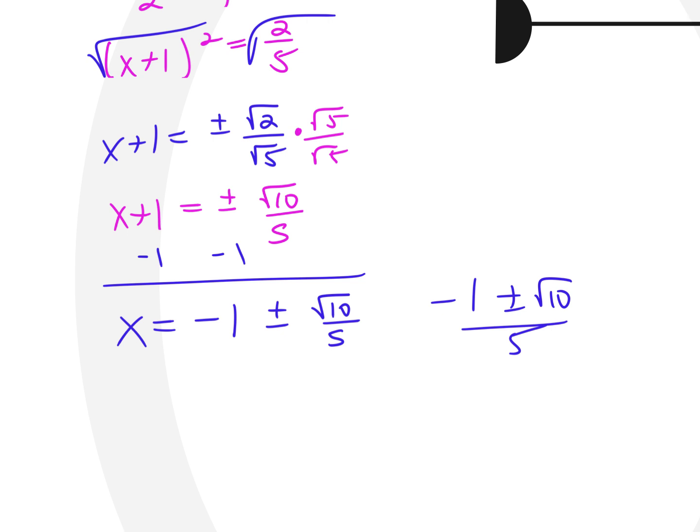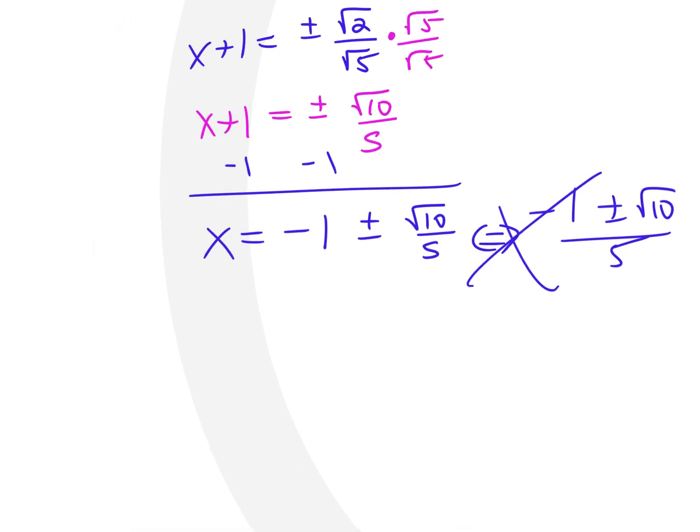Those two things are not the same. If you wanted to write with a common denominator, what would this look like? Negative 5 plus or minus the square root of 10 over 5. Because negative 5 over 5 is the same thing as negative 1.